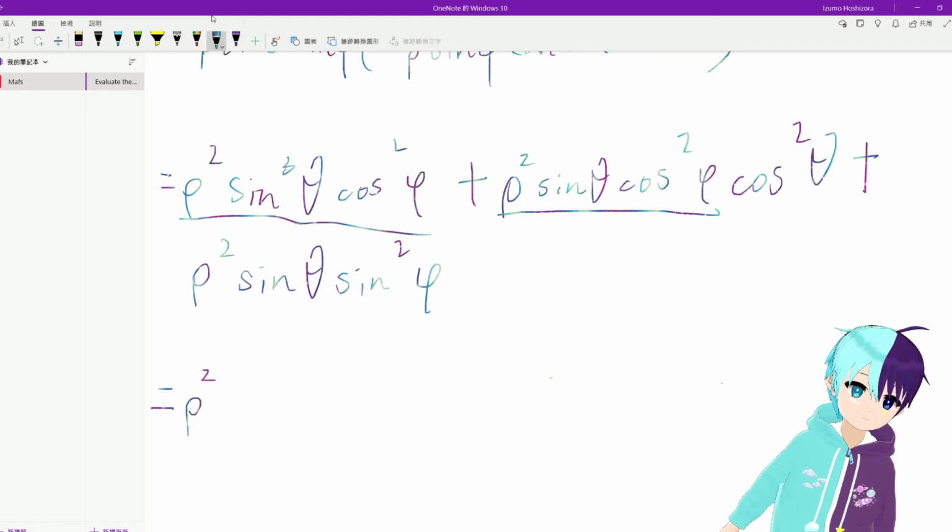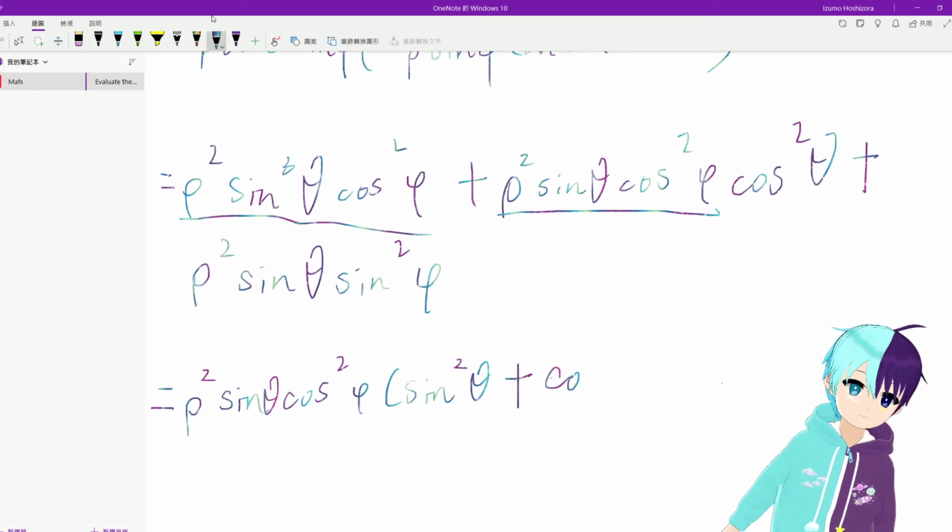So we have rho squared sine theta cosine squared phi, and then that leaves us with sine squared theta plus cosine squared theta. So that gives us 1 again.